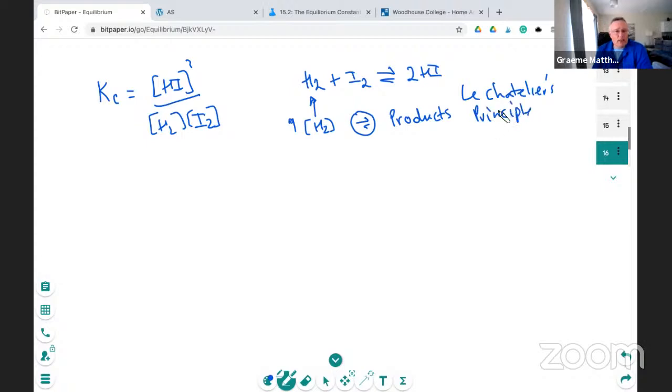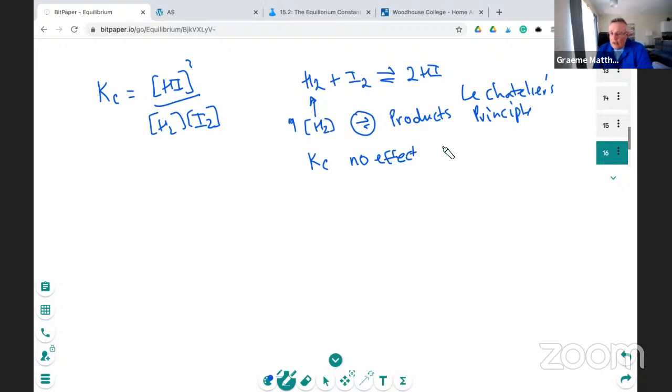Now the next bit is a trick question. It said, what effect would doubling the concentration of hydrogen have on the Kc value? Answer: no effect. Ooh, tricky, right? Why?